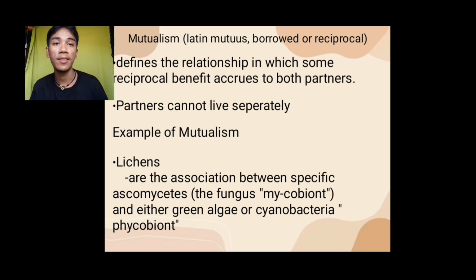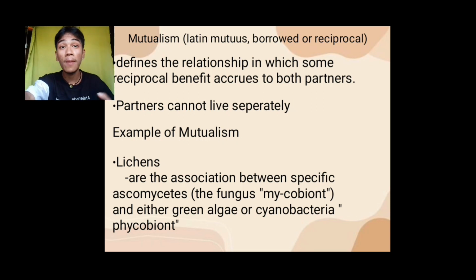So we have here the example. The lichens are the association between specific ascomycetes, the fungus, which is the mycobiont, and either green algae or cyanobacteria, the phycobiont. The characteristic morphology of a given lichen is a property of the mutualistic association and is not exhibited by either symbiont individually, because the phycobiont is a photoautotroph.